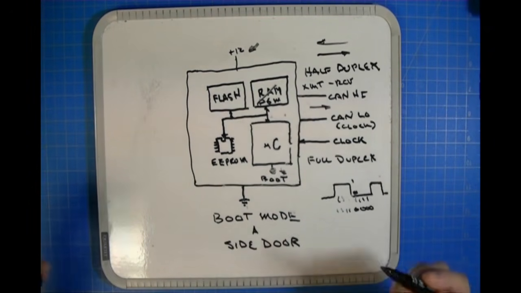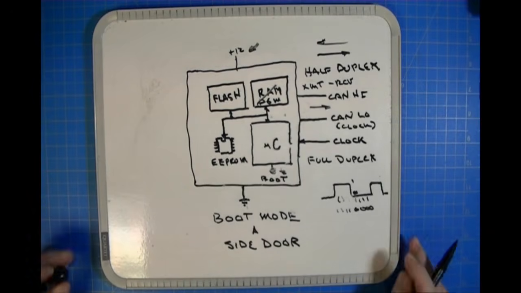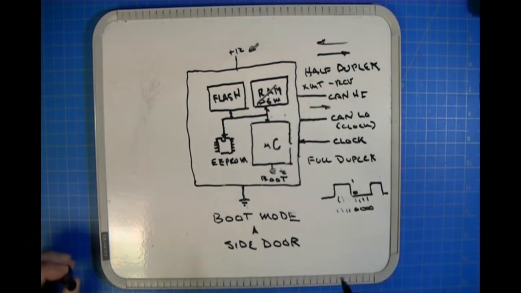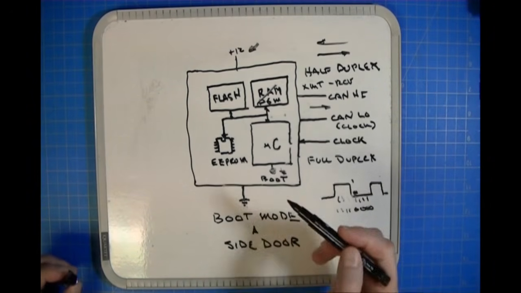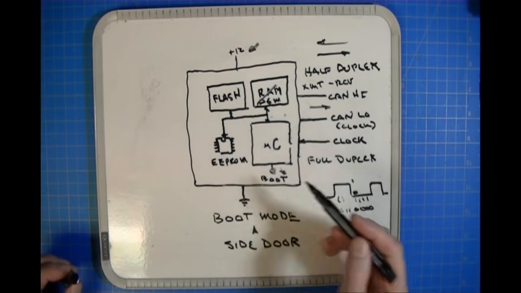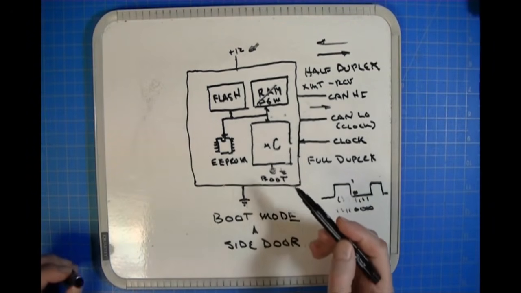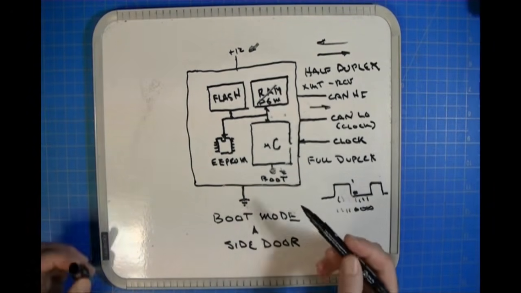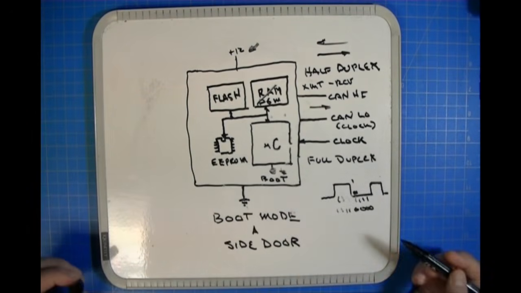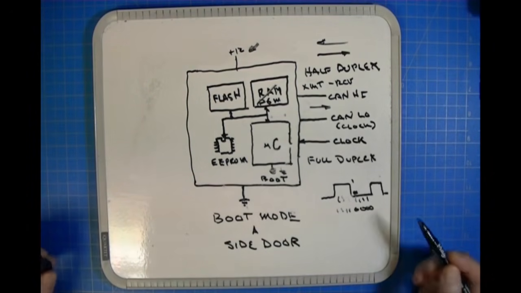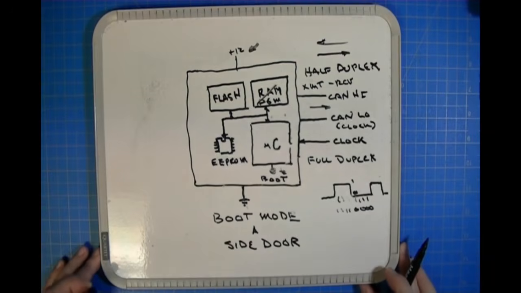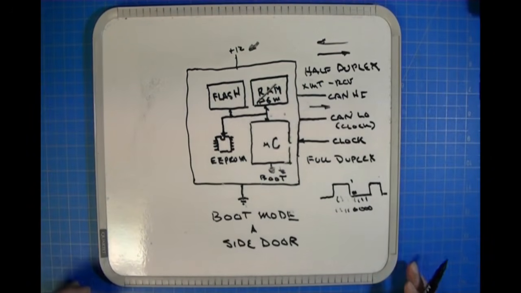Basically, you just start sending BDM commands. But boot mode, you have to upload a communication program into the part. Do whatever you want to do, and then when you're finished, you disconnect it. The program vanishes from RAM because random access memory is what's called volatile memory. The contents goes away when power is removed. So that's boot mode. As a side door, that's how it works.